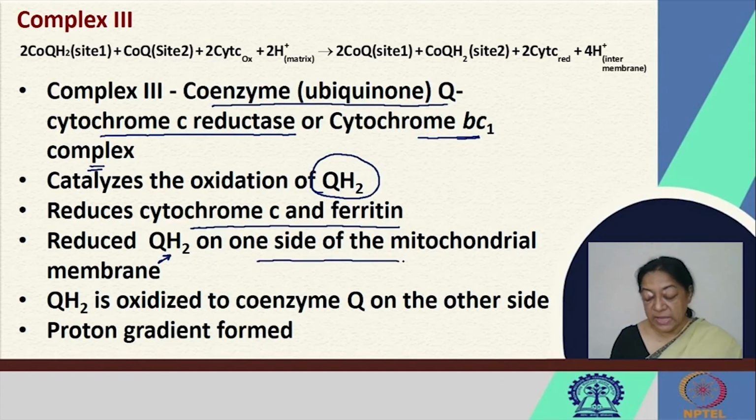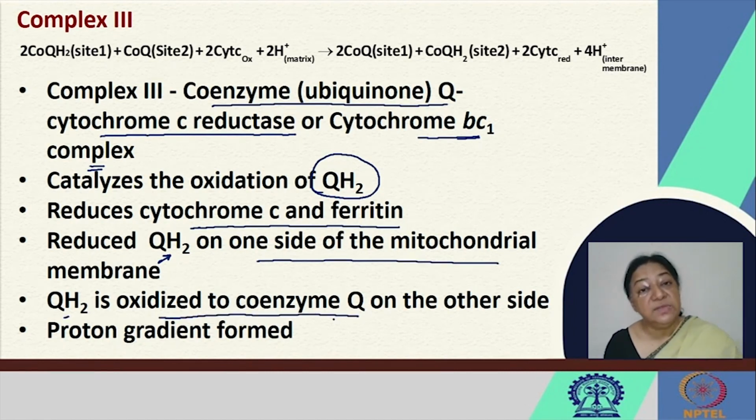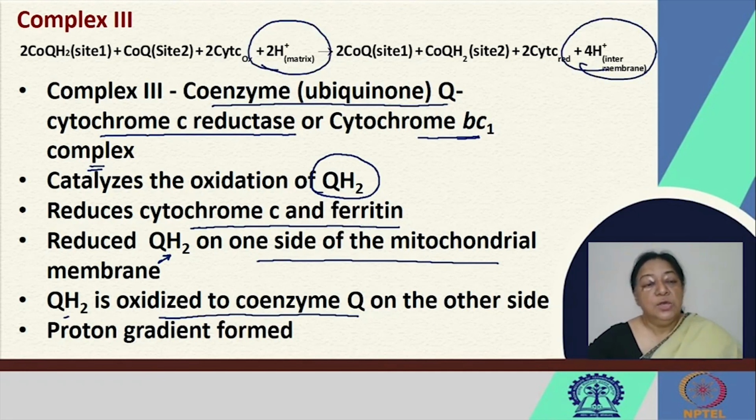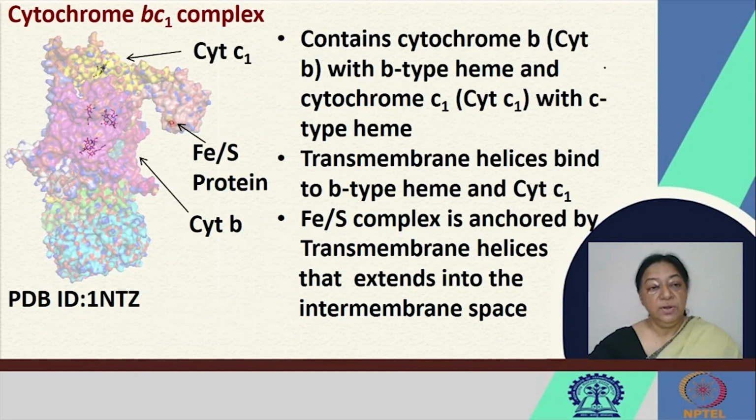On one side of the mitochondrial membrane, the QH2 is oxidized to coenzyme Q on the other side, and as a result there is a proton gradient formed. So this is then utilized later on in the next complex.